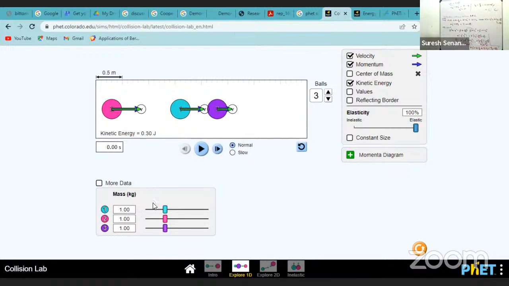The masses also you can consider, this first one as a smaller mass.